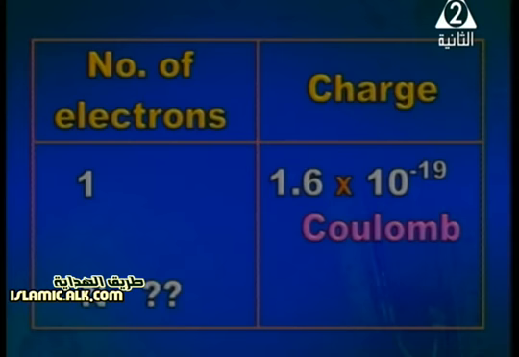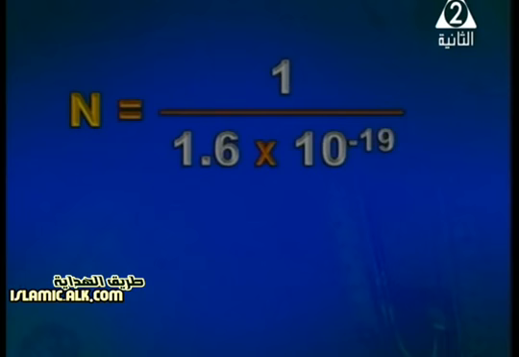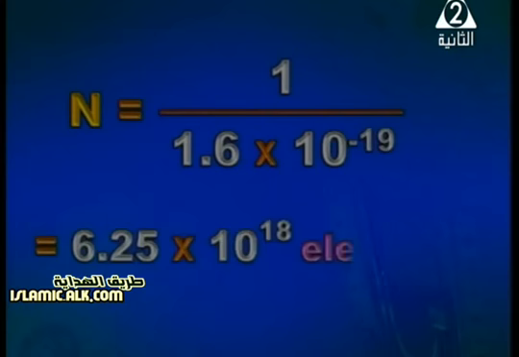And we want to know the number of electrons that carry a charge of 1 coulomb. It is 1 over 1.6 times 10 to the power of negative 19.